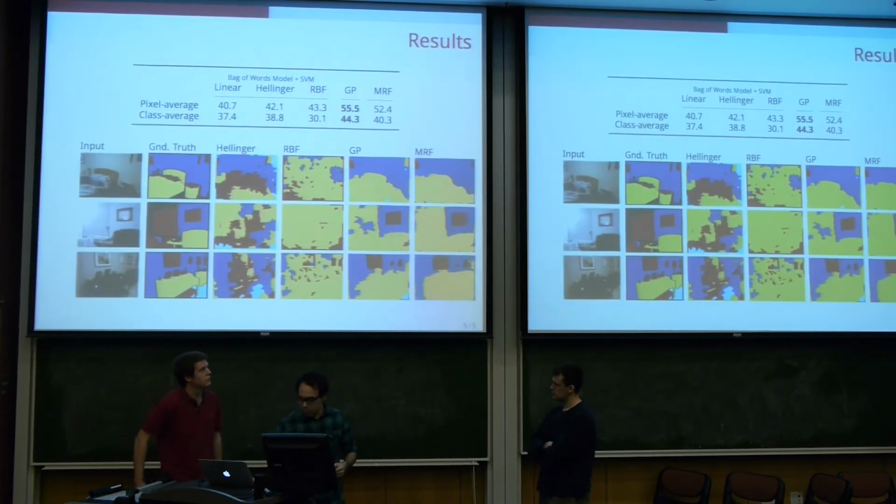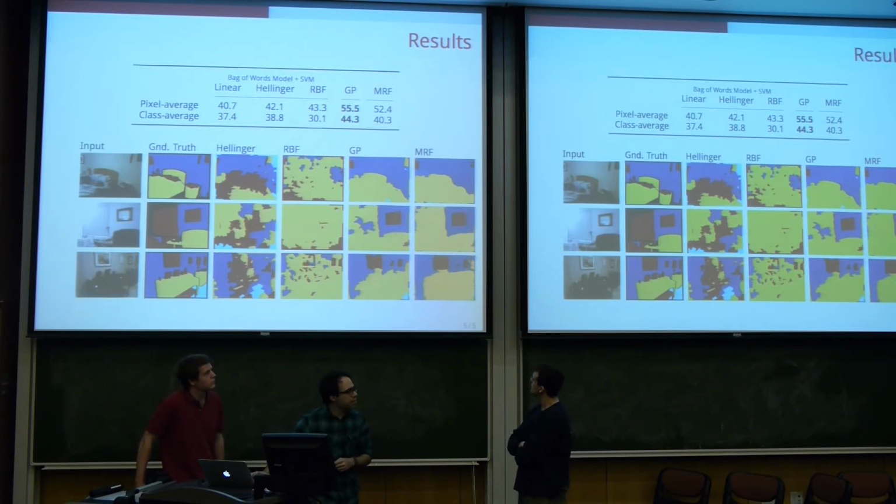To see how all this works, we used the NYU V2 dataset, which was released last year, and consists of about 1,400 labeled indoor images. It's quite a challenging dataset because of clutter and noisy images. We also implemented a more standard bag of words and support vector machine approach with 3 different kernels.